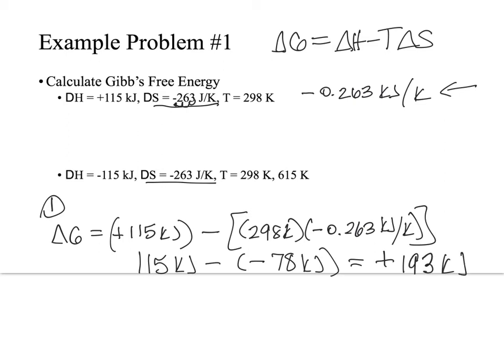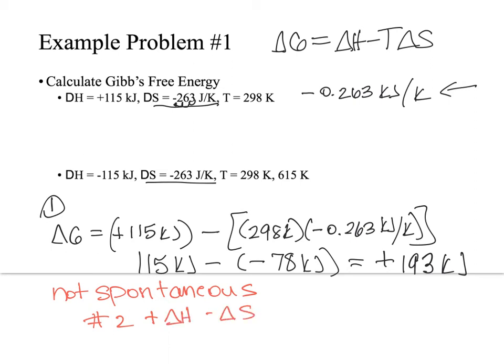So my answer for this one is not spontaneous. And if I think back to my 4 situations, this is a lot like situation number 2, where we had a positive delta H and a negative delta S. So we expect it to be not spontaneous at any temperature.